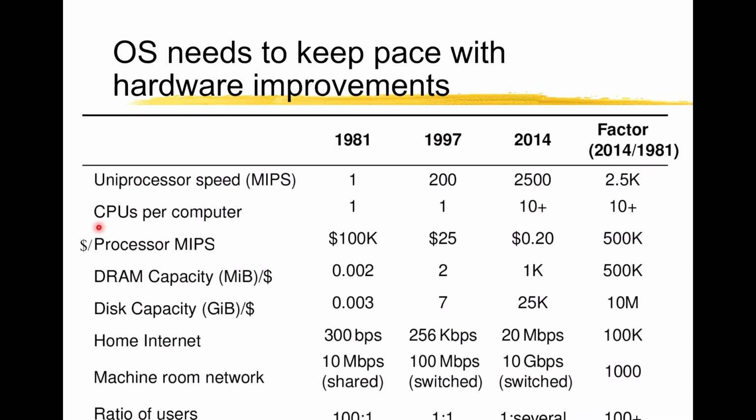The microprocessor cost reduced so much, from $100K in 1981 down to $0.20 in 2014. The RAM size increased so much.